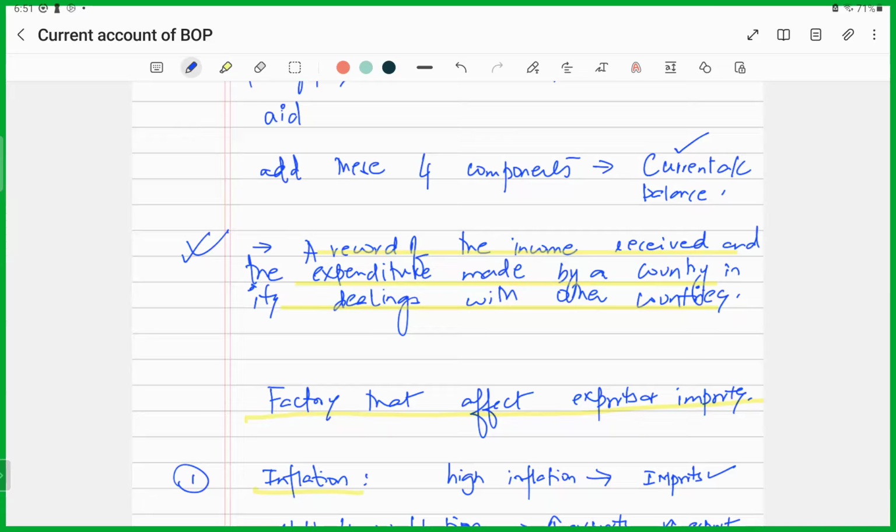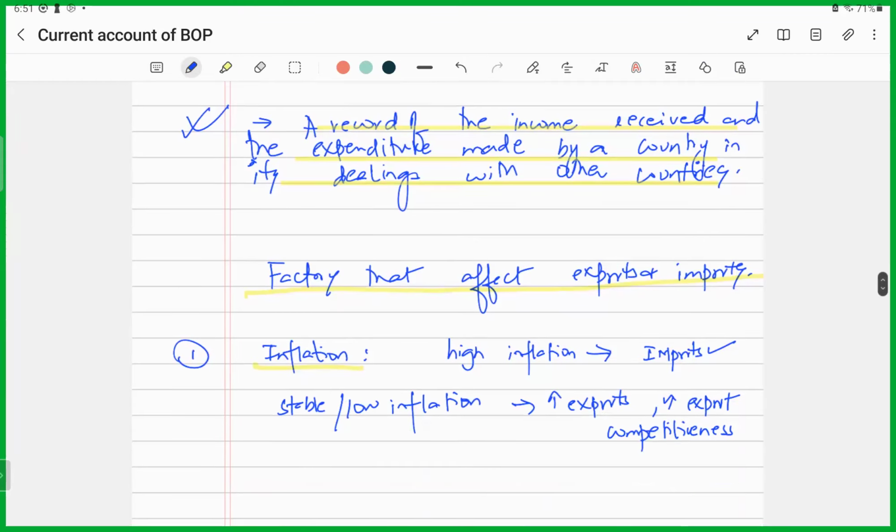So there are a number of them. The first is inflation. If a country itself is experiencing high inflation, so what is the consumer likely to do? The consumers are likely to switch to imported products, right? However, if the country is having low or stable inflation, it's likely to have export competitiveness, then the consumers are going to be utilizing or buying or demanding locally manufactured products, right?